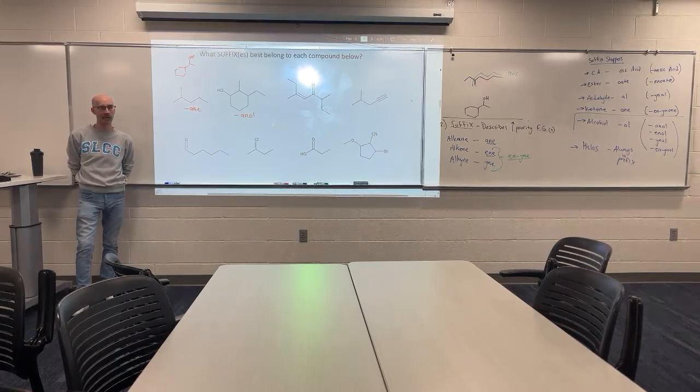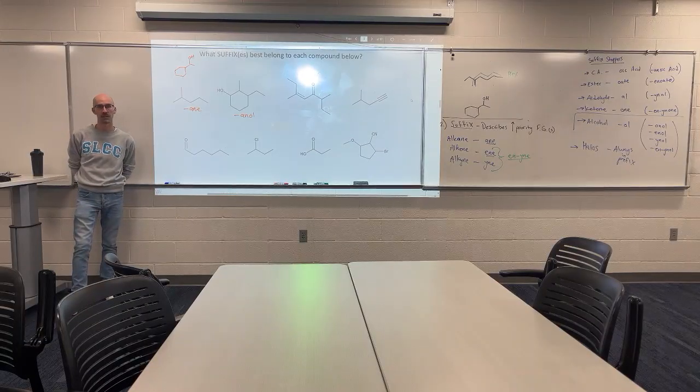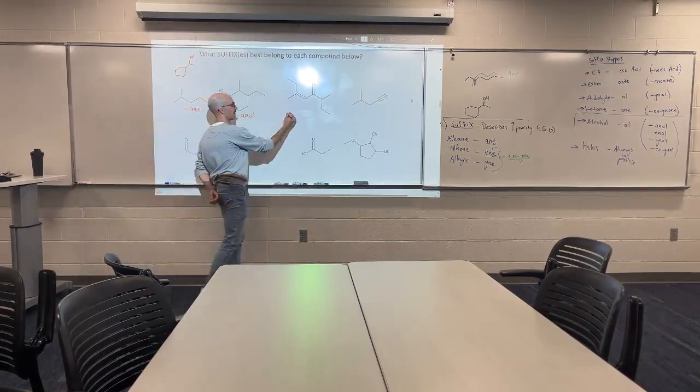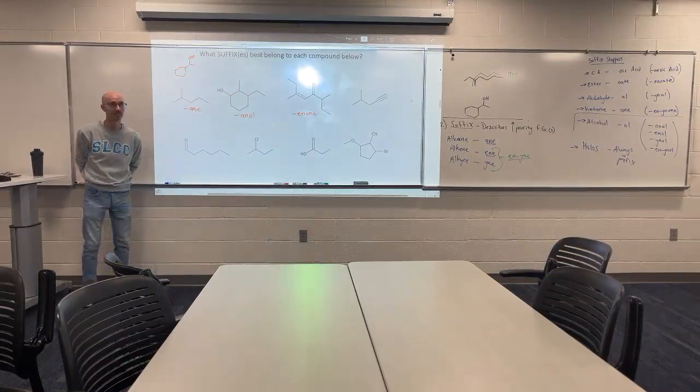Ane or ene? Ene, because there is a carbon-carbon double bond in that structure. What is the suffix stopper you would choose? Nothing or something? One, for the ketone that's in there. It's a carbonyl with a carbon on either side. So put it together. Enone. Good.